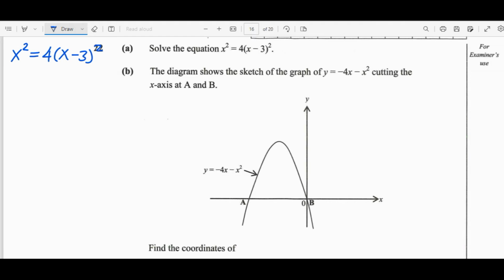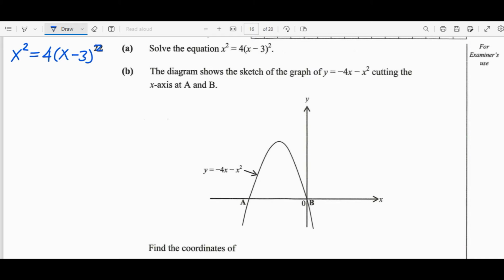There are two ways in which we can solve this. If we want, we can first expand the right side, x minus 3 squared. Then after that, we form a quadratic equation in which we can use the formula, factorization method, or completing the square. So the choice is yours.